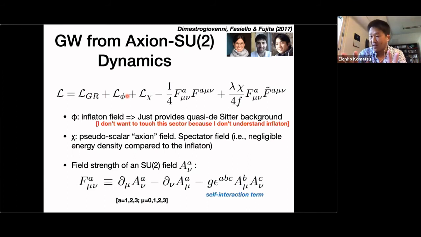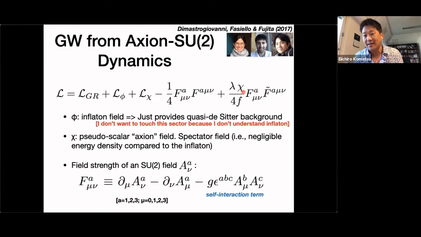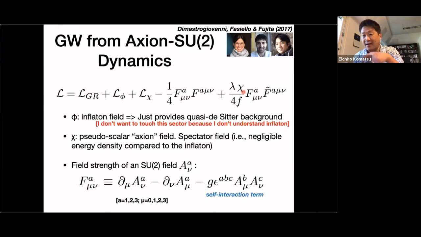Then during inflation, the action must contain all the standard model fields. Of course, they may or may not be coupled to the inflaton, but they're there.